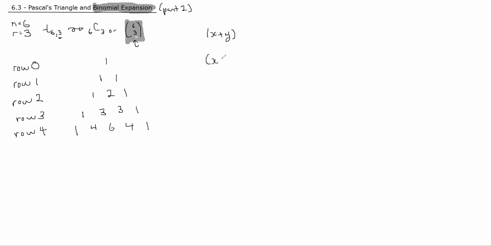What is x plus y to the power of the row? Power of 0. Well, anything to the power of 0 is 1. Good. What is x plus y to the power of 1? Coincidentally, row 1. Well, nothing much changes. It would be a single x added to a single y.